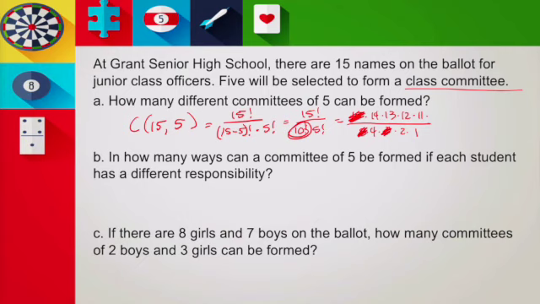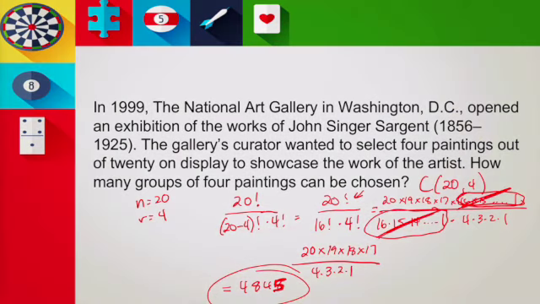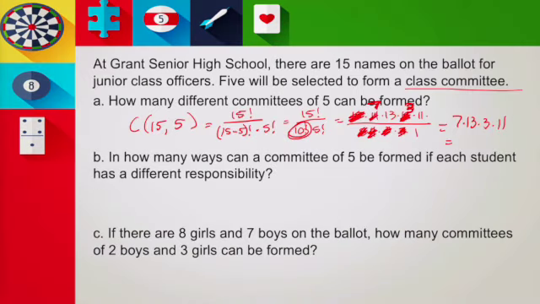And I can cancel 4 out of the 12 to make that a 3. And cancel a 2 out of the 14 to make that a 7. And get 7 times 13 times 3 times 11, which is 3003. Or, again, calculator.